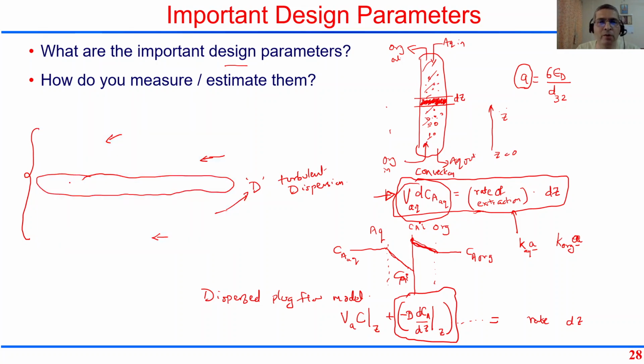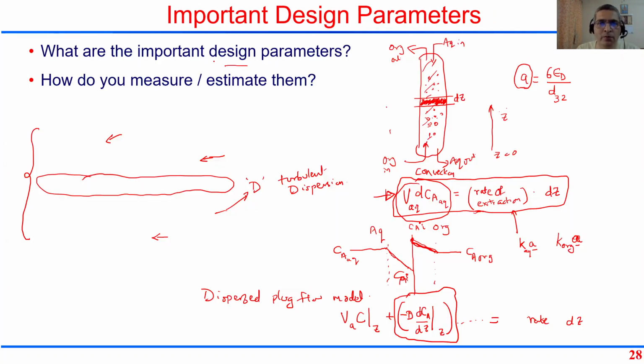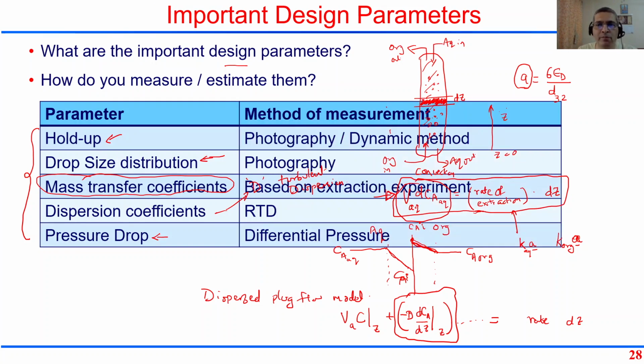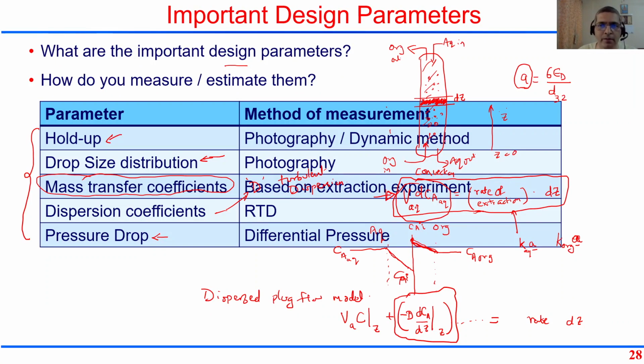Then we'll take one more equipment, maybe a mixer settler or a rotating disc contactor, and we will try to see how to get all these parameters, and then we'll finally do a design of each of these things. So get your calculators out. We will be doing some kind of calculations. Okay, there's one more thing that I wanted to talk about. Let me just rub all these arrows.